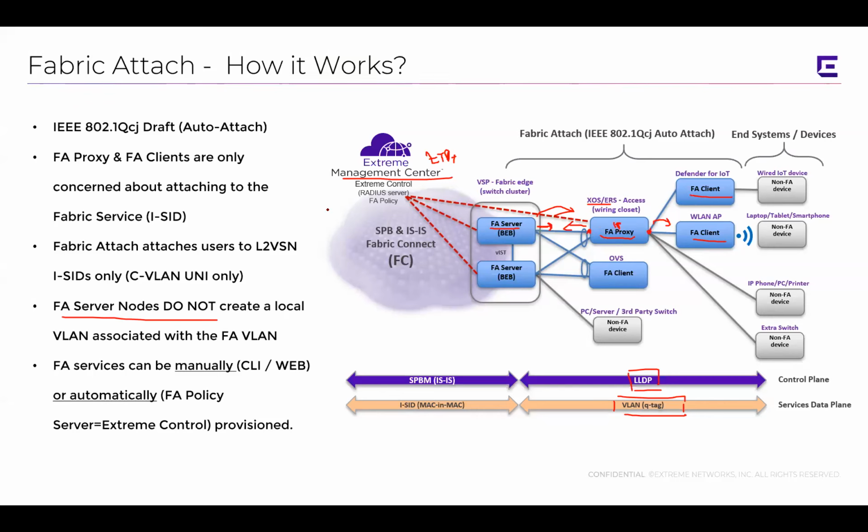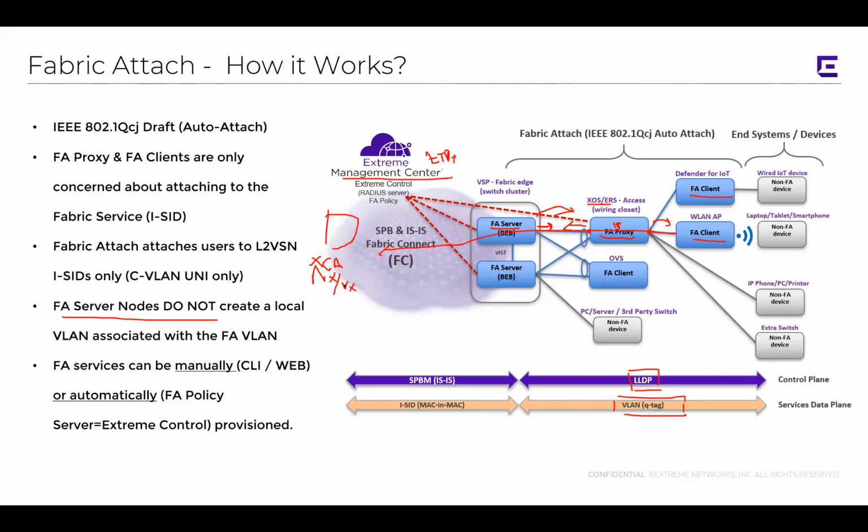And assuming that I have somewhere here my XCA server or XCA controller or NX/VX controllers, sorry about my really horrible drawing, after the management VLAN is assigned, the access point can communicate with its controller, because we are also sending the I-SID to the FA server.